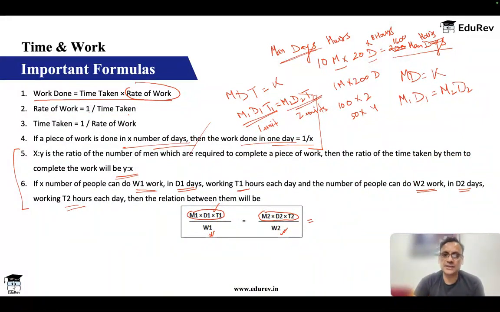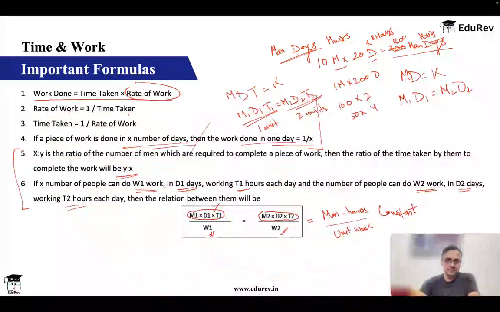Basically what I'm saying is that my man hours per unit of work is a constant. This will not change. So my man hours, men into days into time, divided by work, per unit of work is a constant.